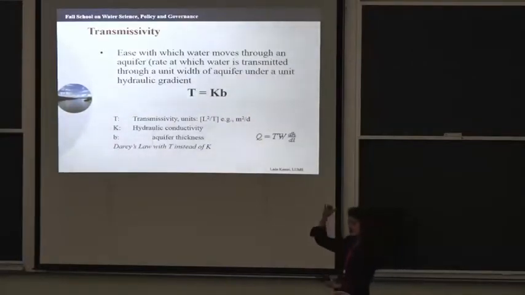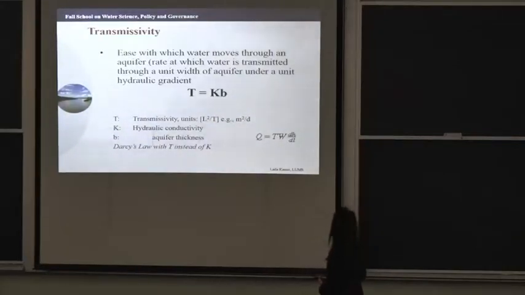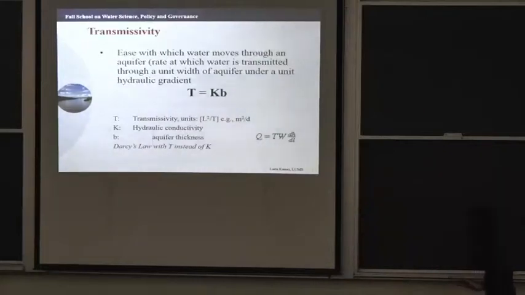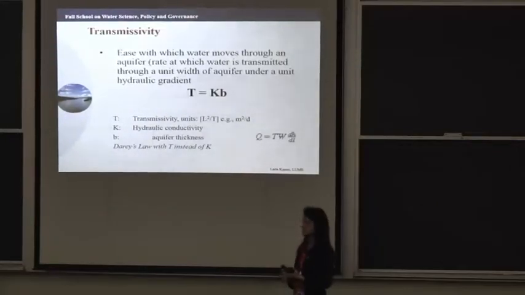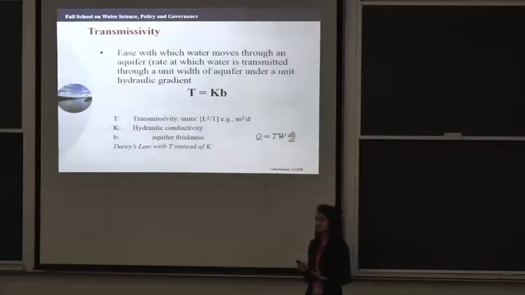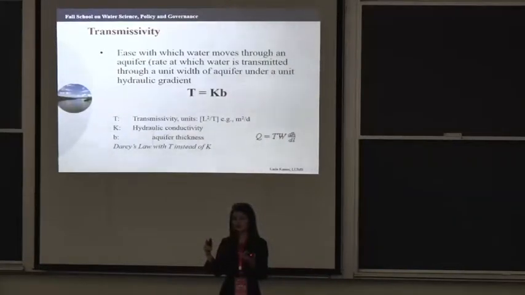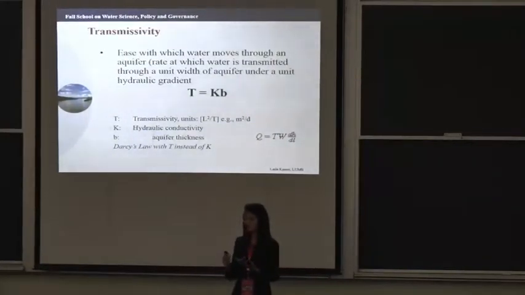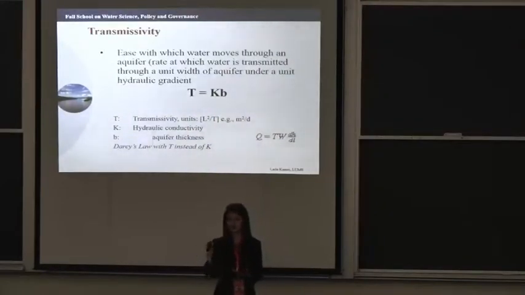To get the entire total hydraulic conductivity of this, we use transmissivity, which is your K multiplied by B. So it's going to be K1 times B1 plus K2 times B2 plus K3 times B3 to get the overall hydraulic conductivity. The term we use is transmissivity because it takes into account the thickness of the soil component that contains that particular hydraulic conductivity. So any layer of soil that's thinner but has high hydraulic conductivity will still have low transmissivity.